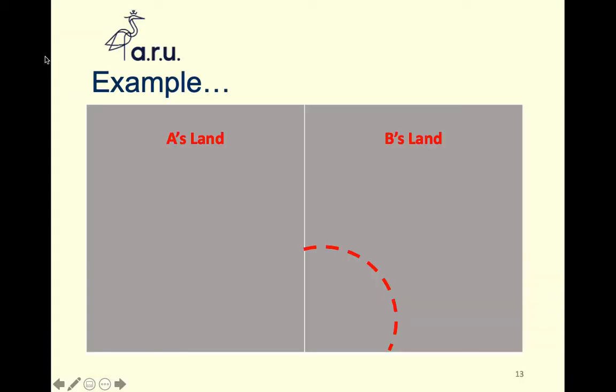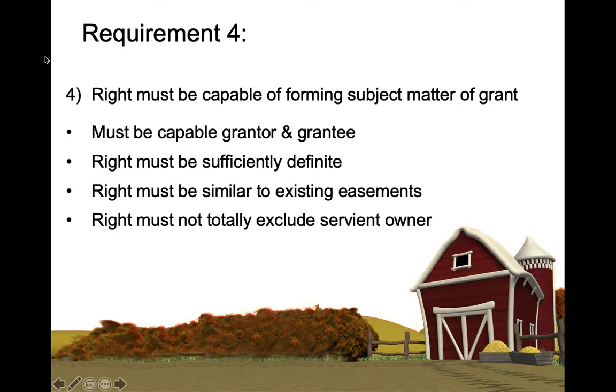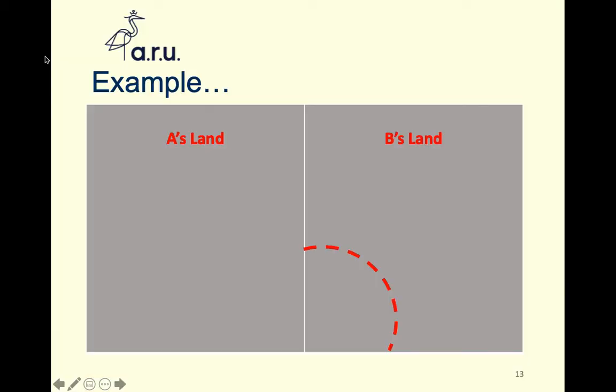So if we think about the examples of putting those into effect, for the example that I've given for A and B's land, to have a capable grantor and grantee, we would have to have somebody on B's land granting permission to use that right of way to someone on A's land.